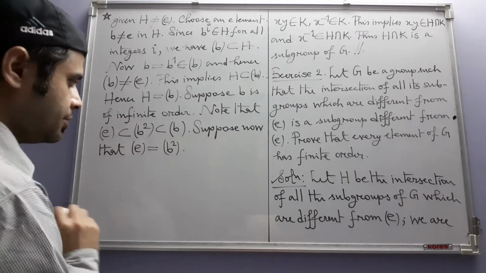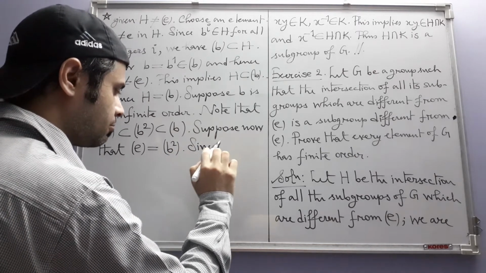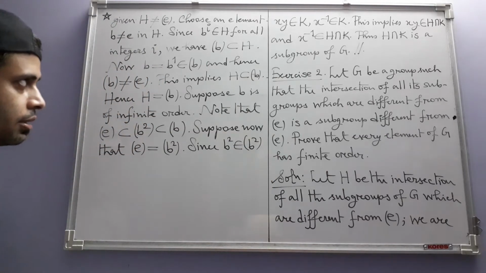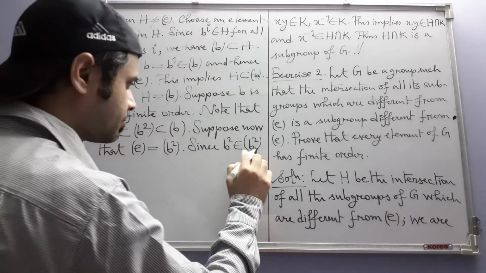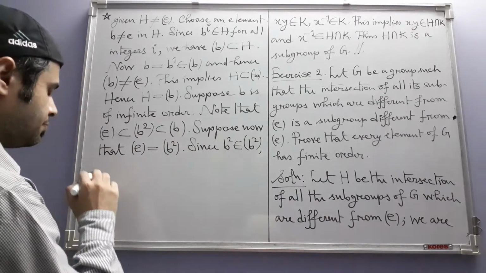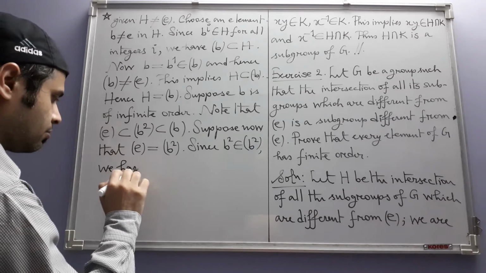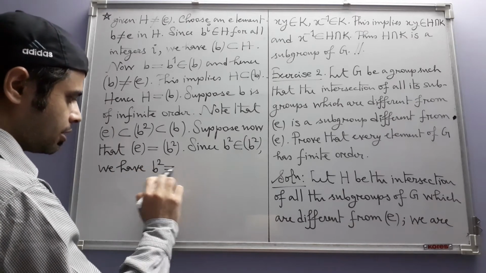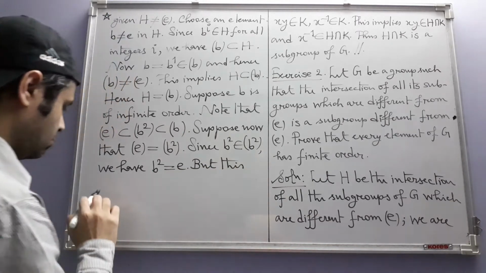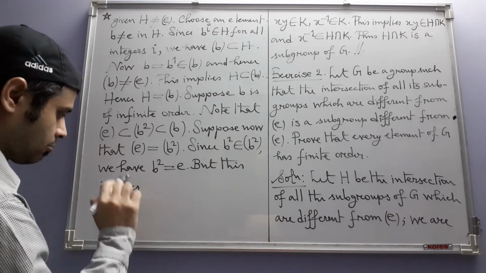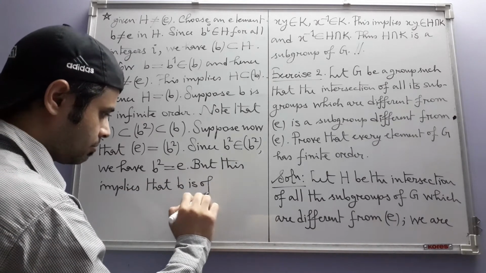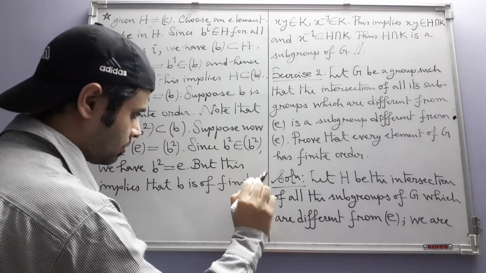So we are going to do just that. Now we have supposed this one. Since B square itself belongs to the cyclic subgroup generated by B square, much like how B belongs to B, B square will also belong to this group, which means B square should be equal to E. We have B square equal to E, but this implies that B is of finite order.